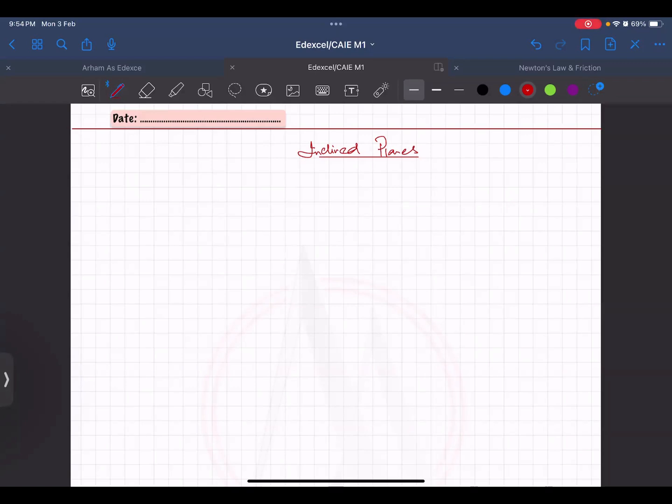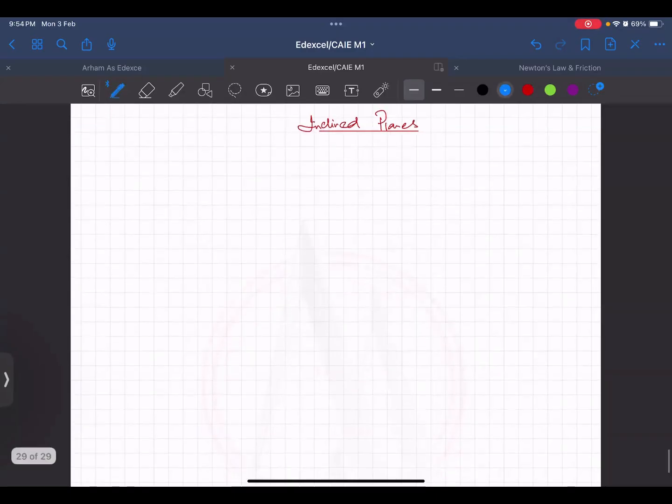Whenever there's something like this, an inclined plane, and there is an object, why does this object start to slip down without you doing anything?